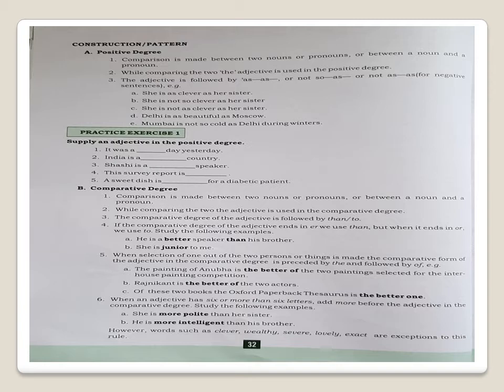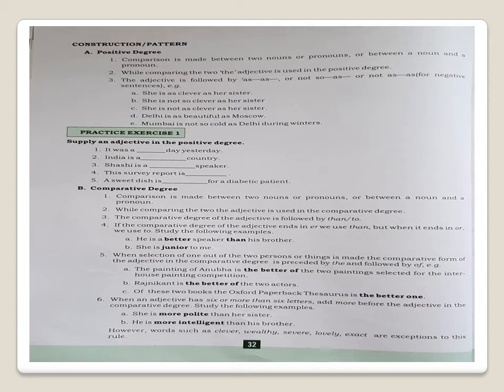The comparative degree of an adjective is followed by than, or sometimes to. If the comparative degree of the adjective ends in er, we use than. But when it ends in or, we use to. See here in the example, he is a better speaker than his brother.